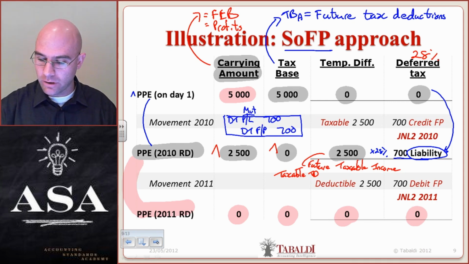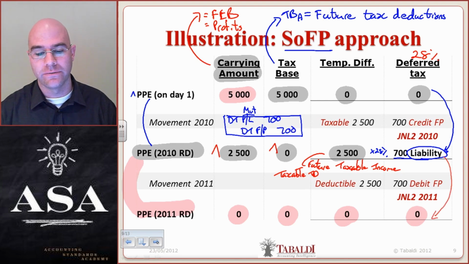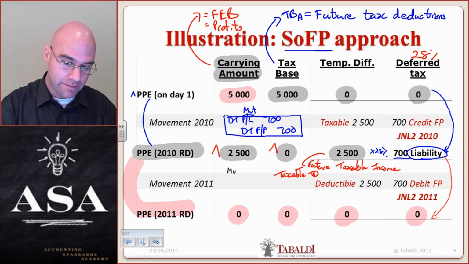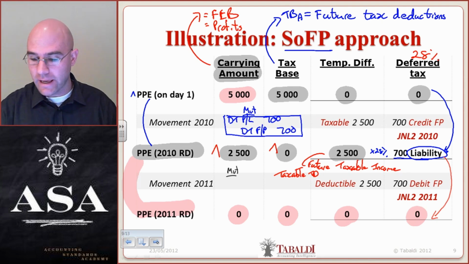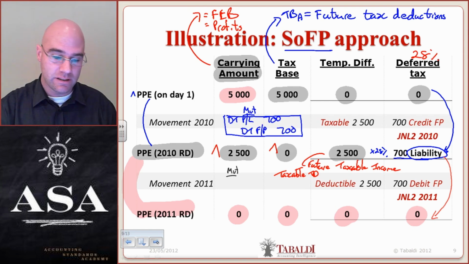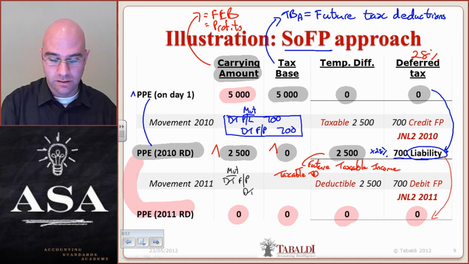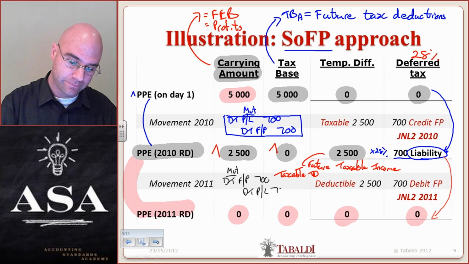So in this scenario now, I've gone from a 700 Rand deferred tax liability to a 0 deferred tax balance. Therefore, the movement for 2011, well, let's think. I had a liability balance, which is a credit balance. I need to make the balance sheet side back to 0. So I'm going to go debit deferred tax financial position, credit deferred tax expense profit and loss, 700.